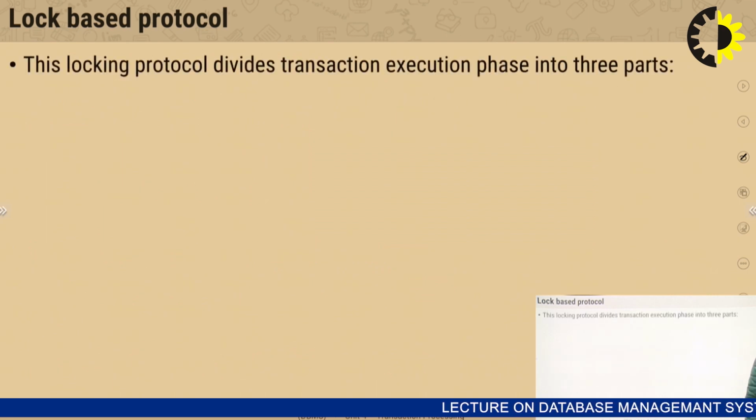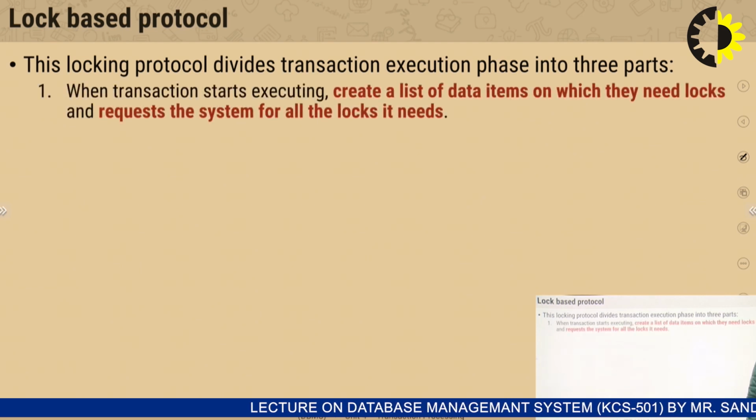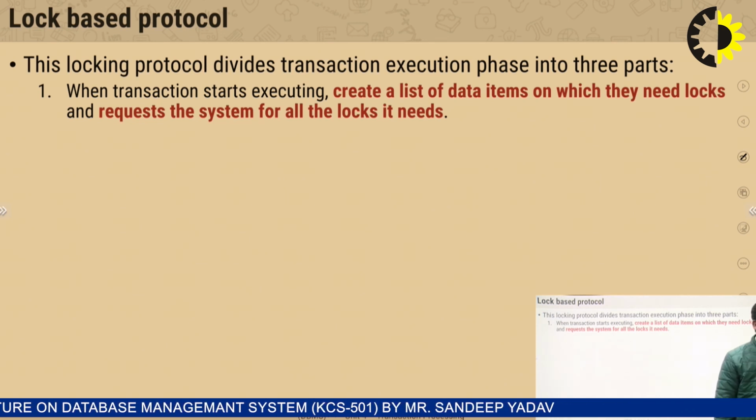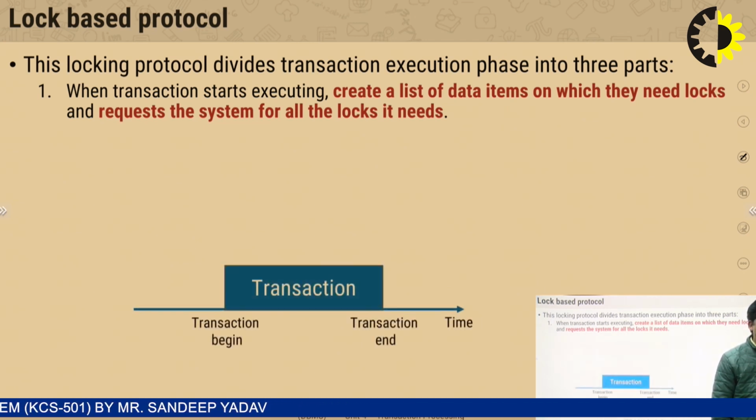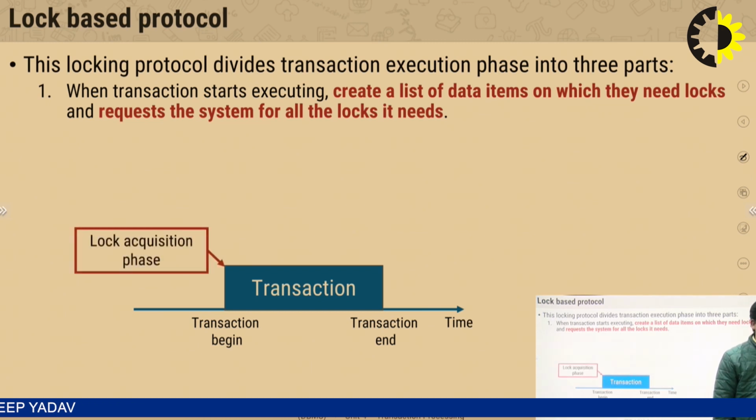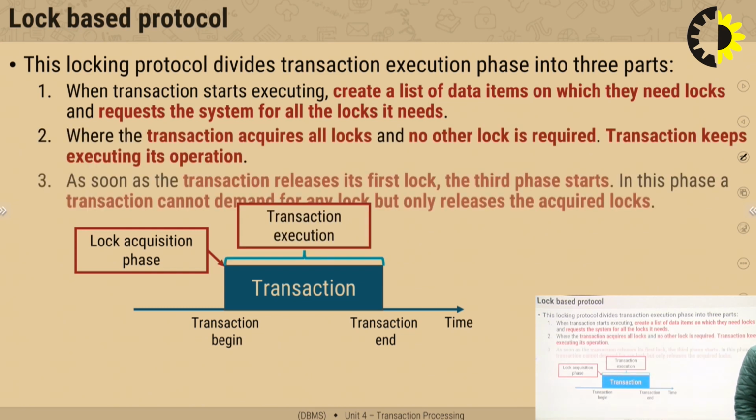Now this locking protocol divides the transaction execution into three parts. When a transaction starts executing, we create a list of data items on which we need locks and request the system for all the locks that we require. So this is the lock acquisition phase, where the transaction acquires all the locks and no other lock is required.